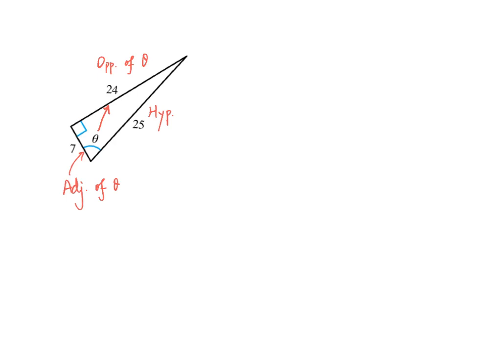Once you remember this, try to recall the way to remember that I taught you: so, car, tower. If you want to use the definition for sine theta, then sine theta equals the opposite side, which is 24, over hypotenuse, which is 25.